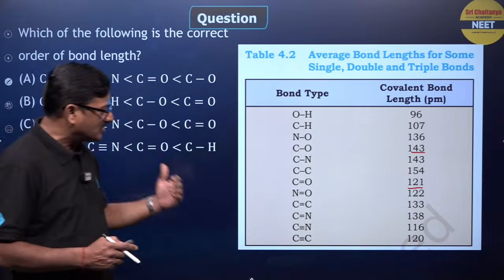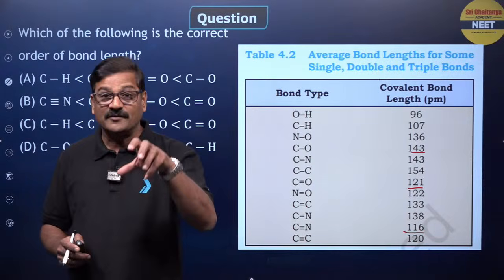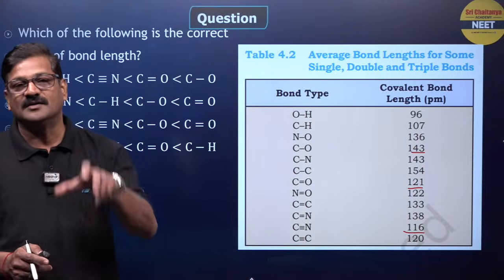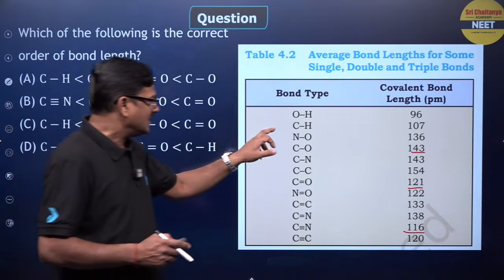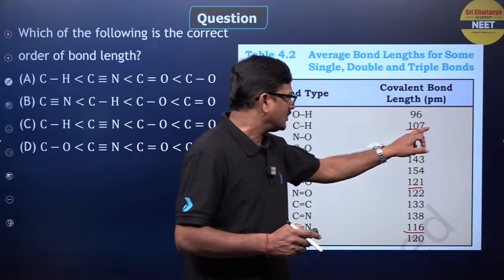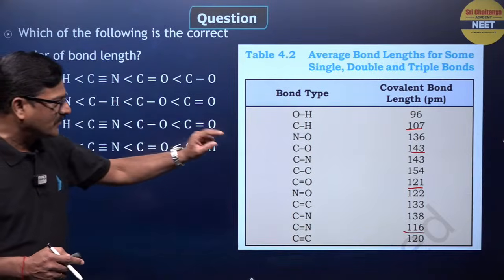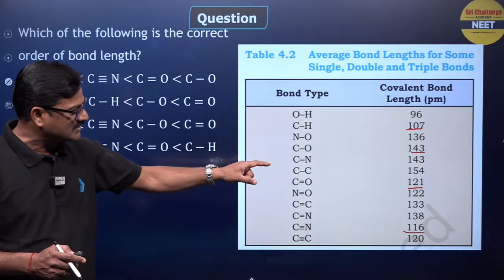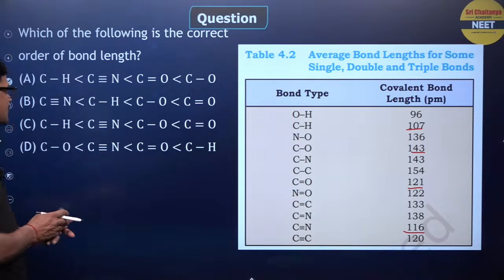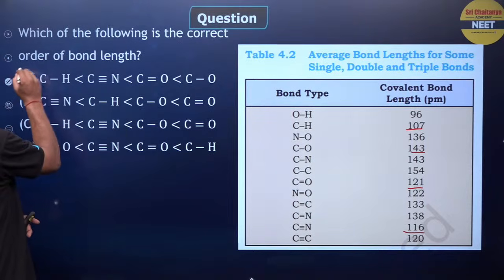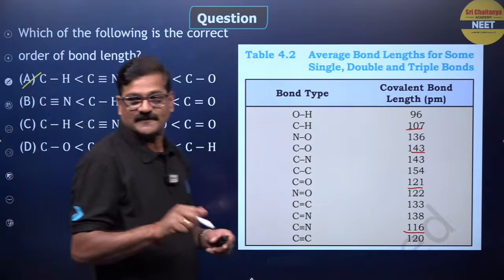Then you can see carbon to nitrogen triple bond is 116. Nobody focuses on this table, and nobody tries to understand the logic behind that. And you can see C-H is 107. So 143 is greater than 121, greater than 116, and 107. So option A is the correct answer for this question.